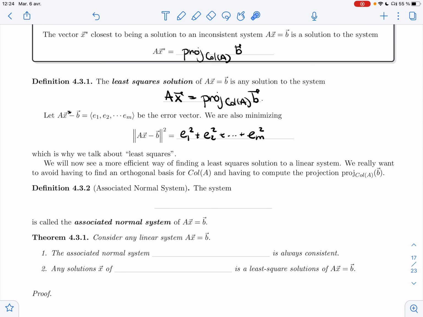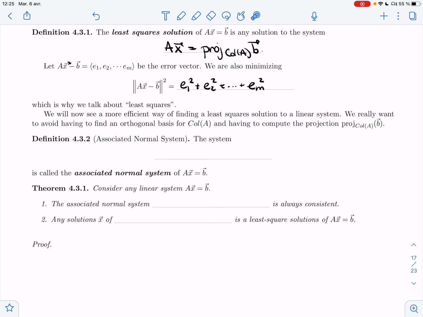All right, so in the last example, we actually had to find this projection, which meant that we had to first use Gram-Schmidt to get an orthogonal basis for the column space, then compute the projection, and then solve the system. So that was a three-step process. We'd like to do it faster.